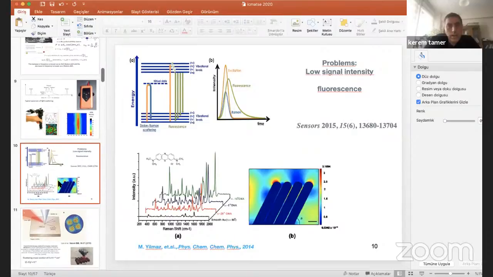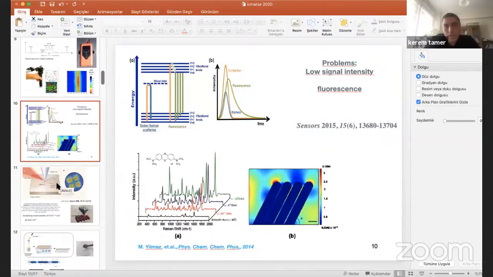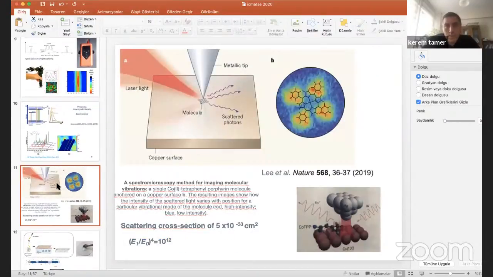Okay, and I'm going to give some examples of these applications. Actually, Raman spectra are very powerful techniques. As I mentioned, you can analyze even a single molecule, but as you see in this slide, using a metallic tip such as an AFM tip, you can use Raman spectroscopy.